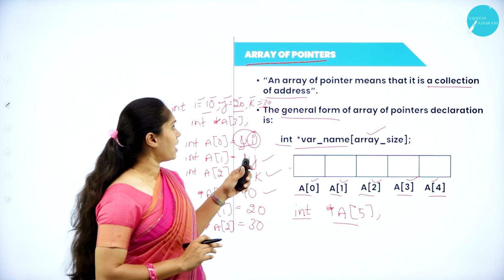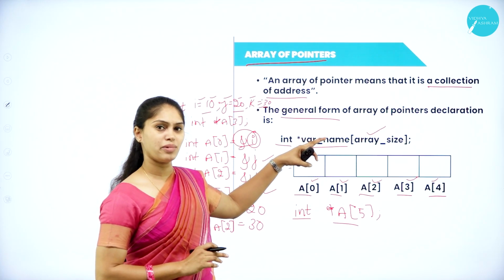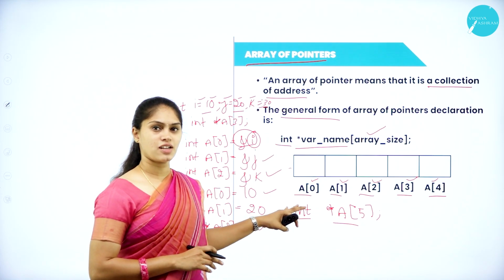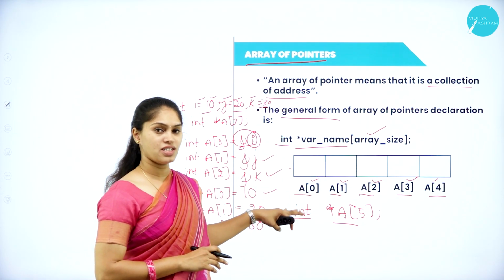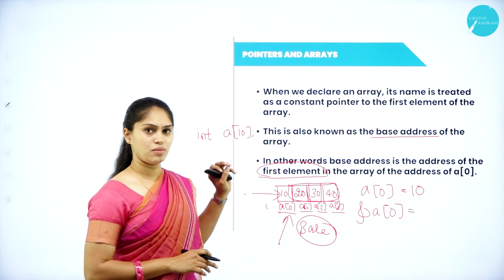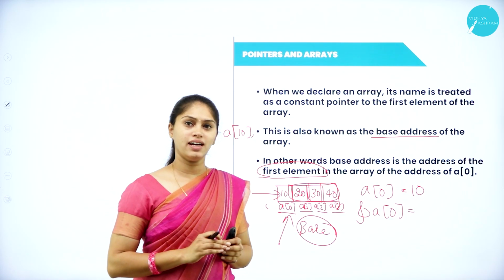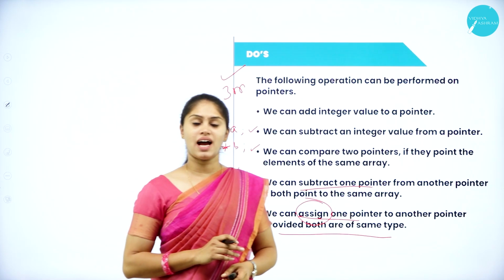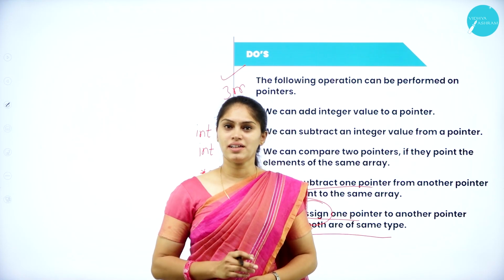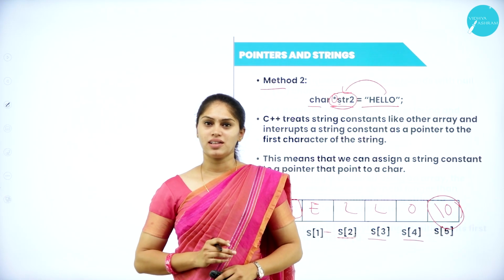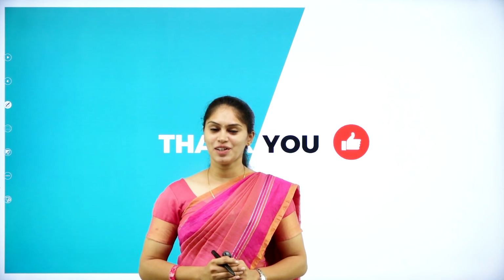After that, I have array of pointers, that is a collection of addresses, which also points to the first address of an element of an array. Then arrays and pointers also point to the base address or base index. Then what are the operations that I can perform with pointers and what are the operations that I cannot perform on pointers. I hope you all understood today's session.